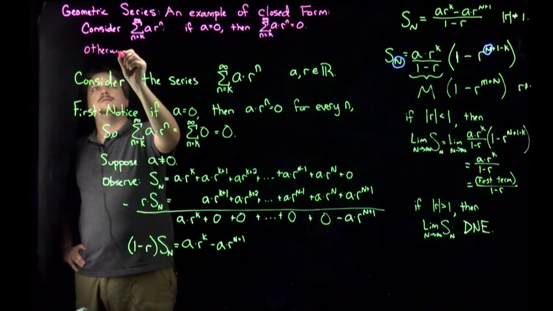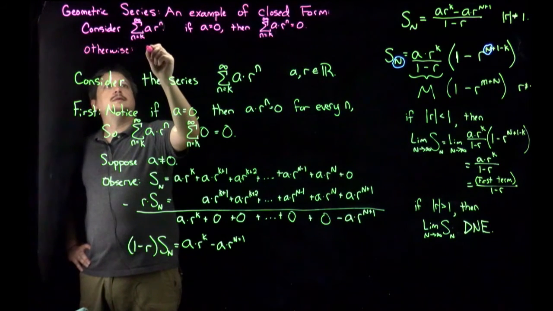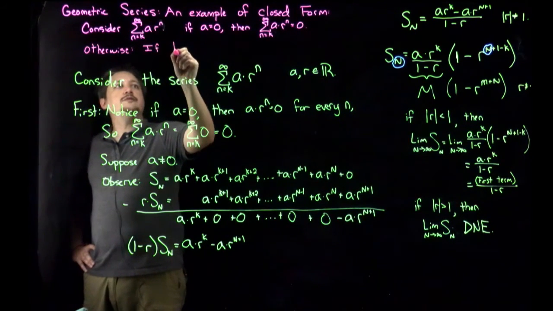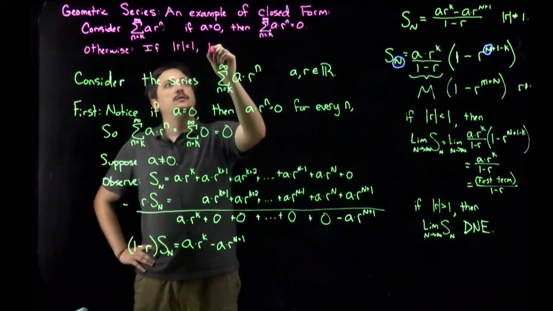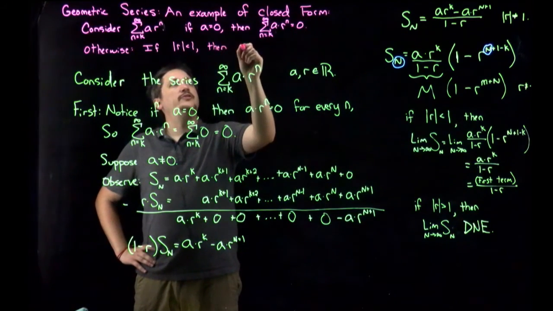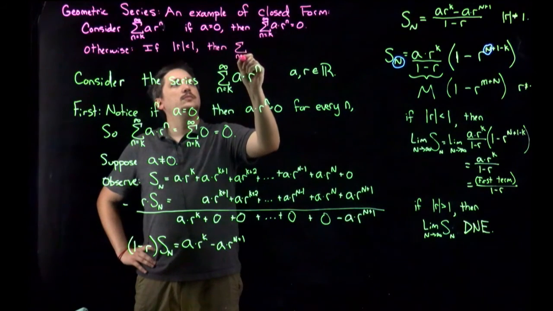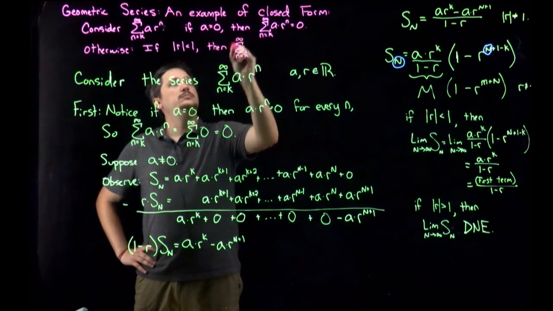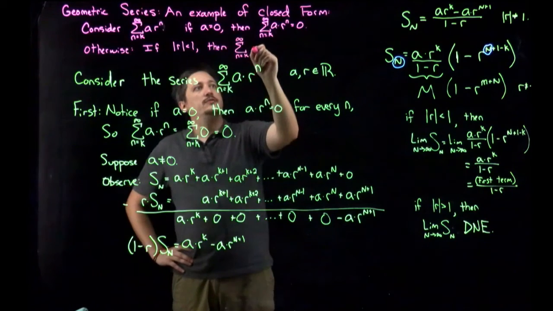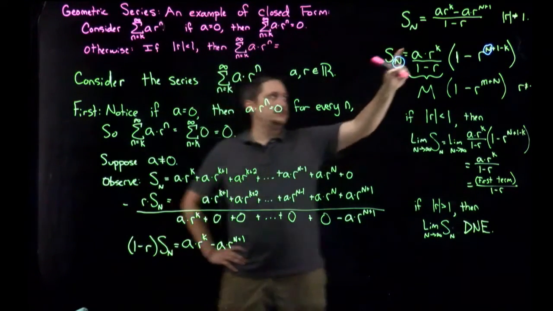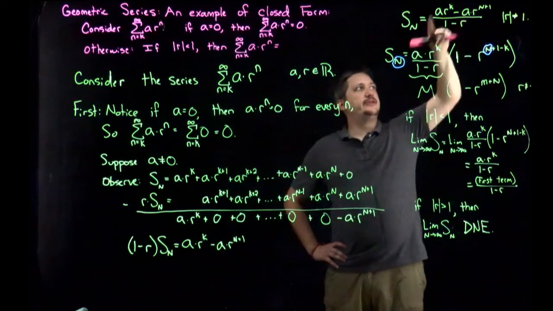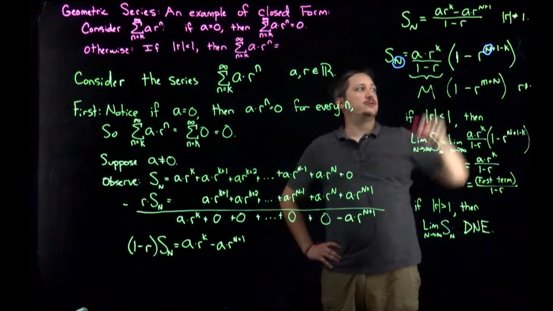Otherwise, if absolute value of r is less than 1, then this infinite series of a times r to the n equals exactly this thing where that thing went to 0, right?